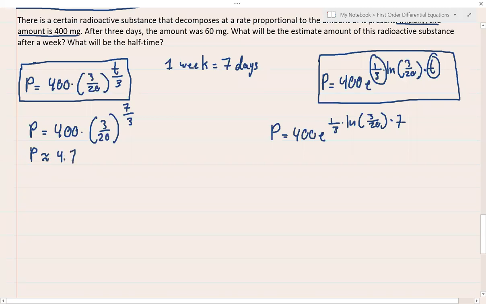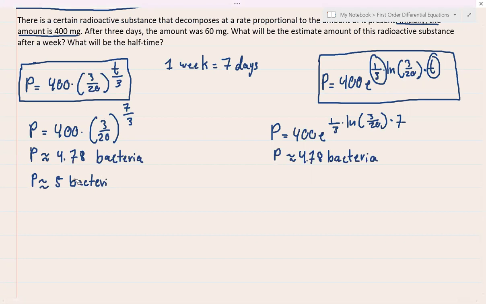There are approximately 4.78 bacteria. Okay? 4.78. Or much better, para mas logical ba, ang sagot dito. Sabihin natin 5 bacteria. Ay, bacteria. Wait lang. Bakit?